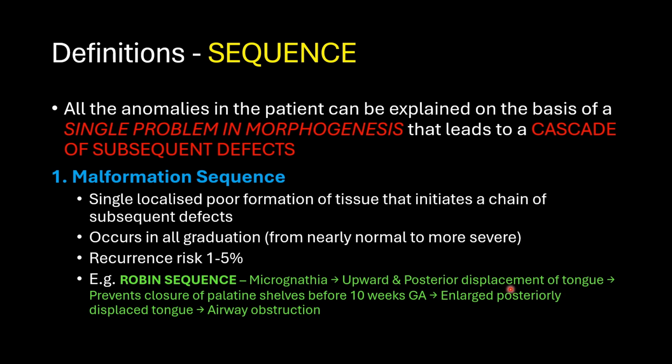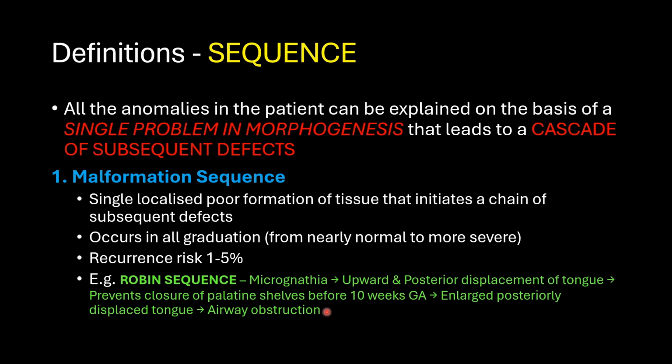This upward and posterior displacement of the tongue prevents closure of the palatine shelves before 10 weeks of gestational age. This leads to development of a high arch palate, and the enlarged, posteriorly displaced tongue in turn causes airway obstruction.